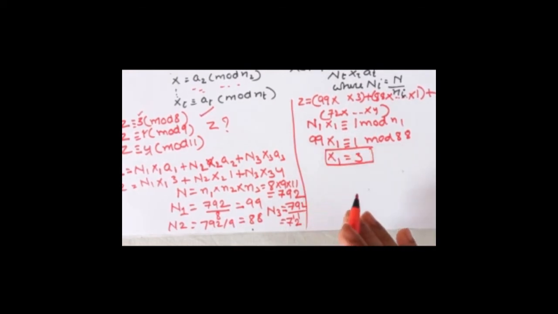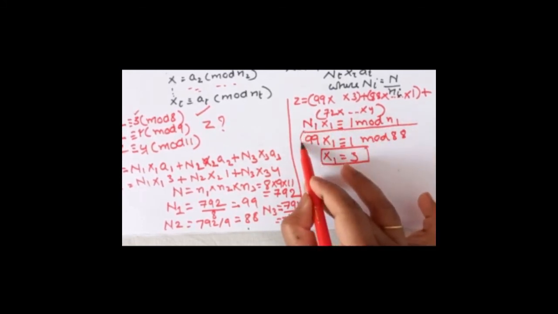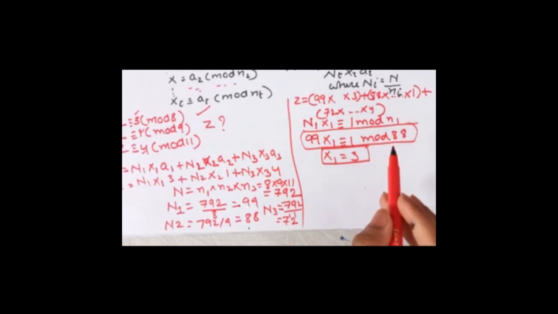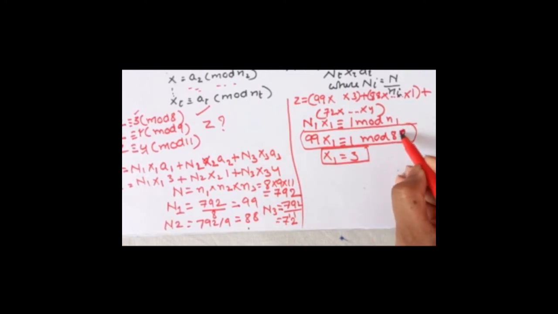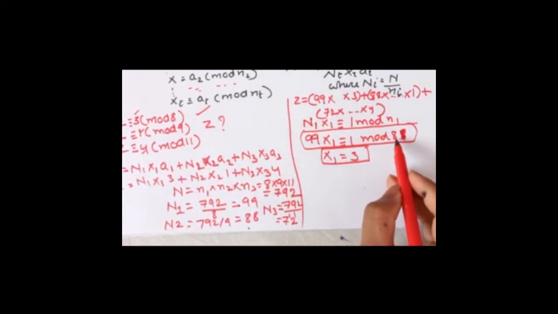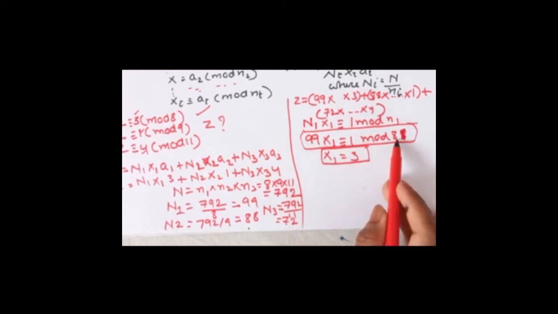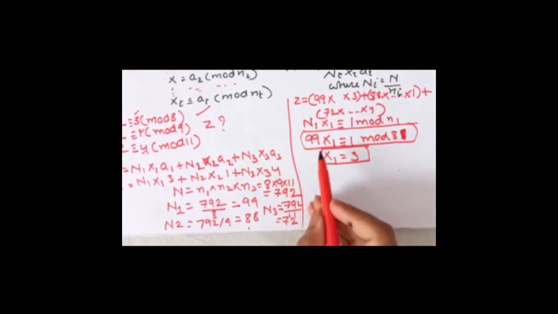Now there's a small trick for finding this. Whenever you have this equation, always try to find the factors of 8. I'm sorry, n1 is only 8. So if this is the equation and you are supposed to find x1, you can just find the factors of 8, the multiples of 8 which are just smaller than 99.